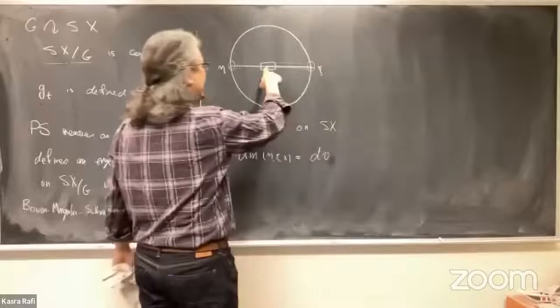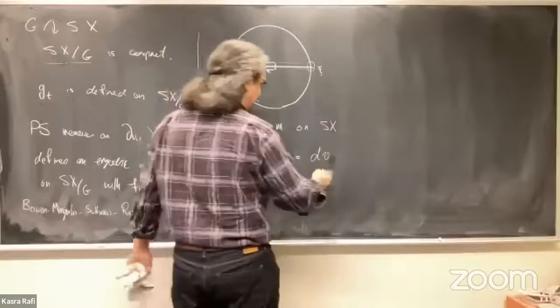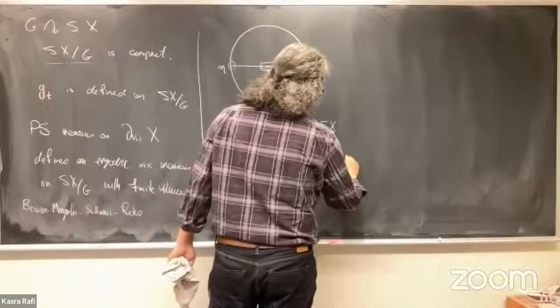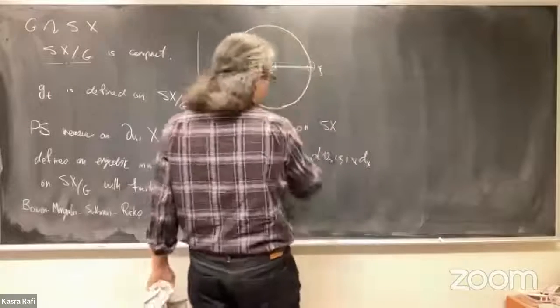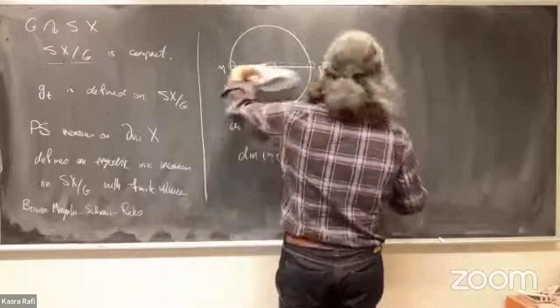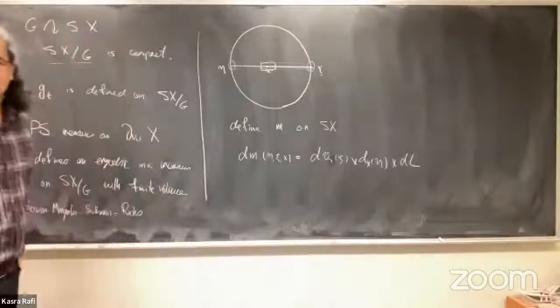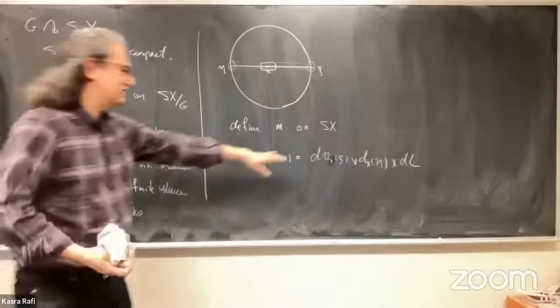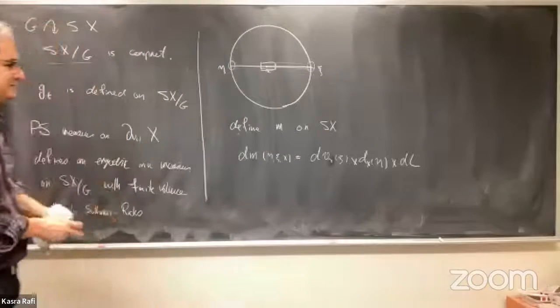So I have a point x and I have a forward measure, the Patterson-Sullivan measure in the forward direction, and I have the Patterson-Sullivan measure in the backward direction. And then I have a length going in this direction. This defines a measure for me. So I use this measure density and integrate it, and I define the measure on SX.